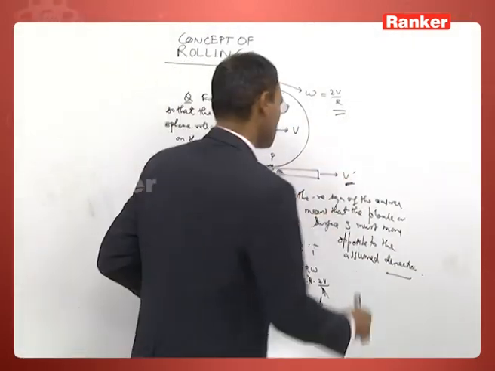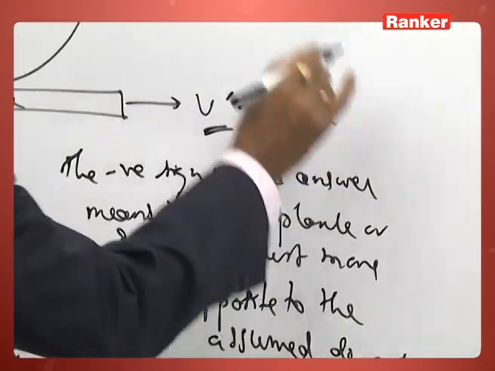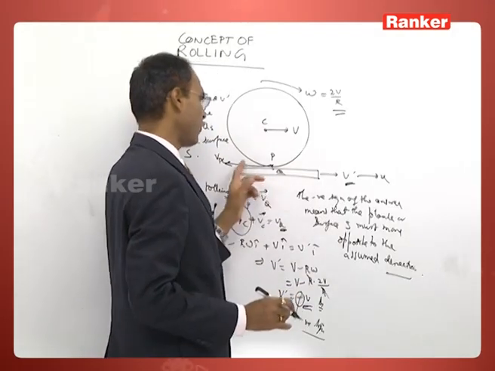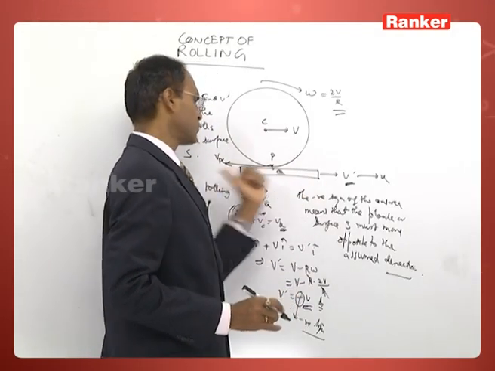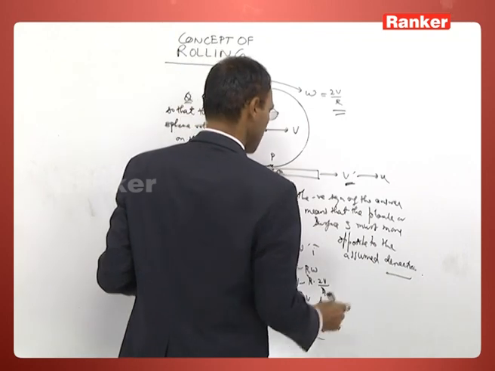Our assumed direction is along the positive x direction, but we got a negative answer. Therefore, this plank or the surface should move in the negative x direction.